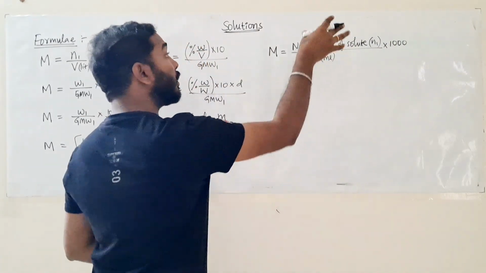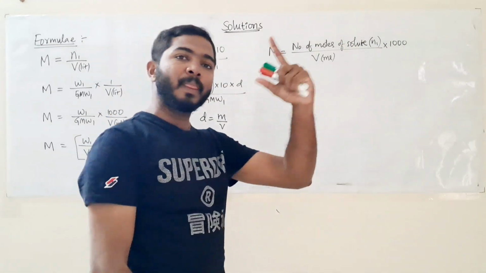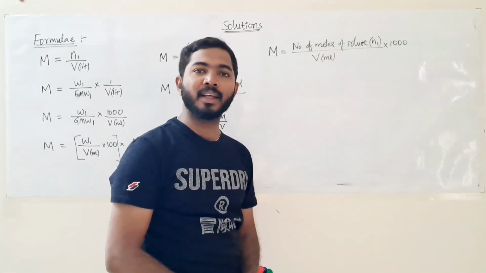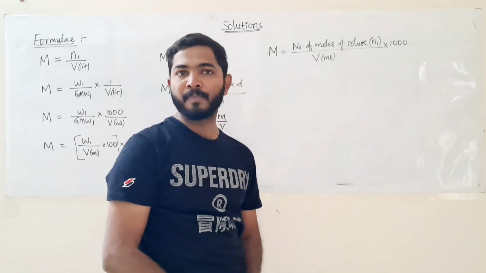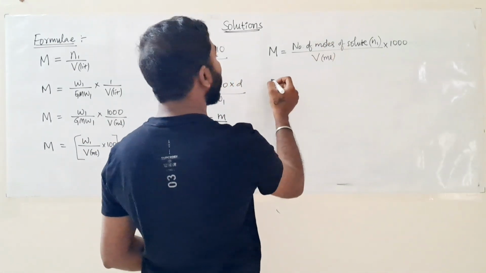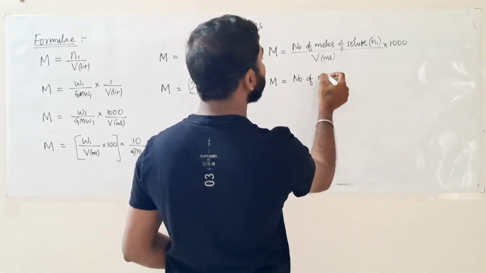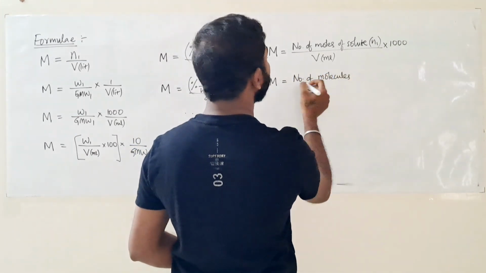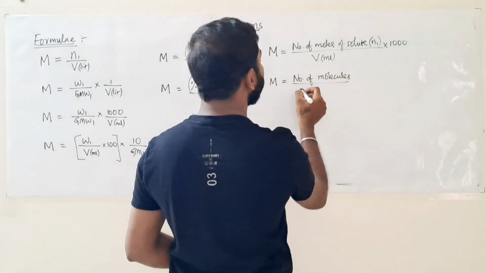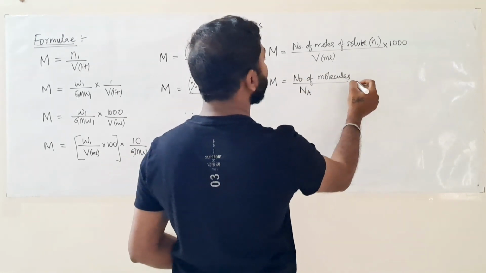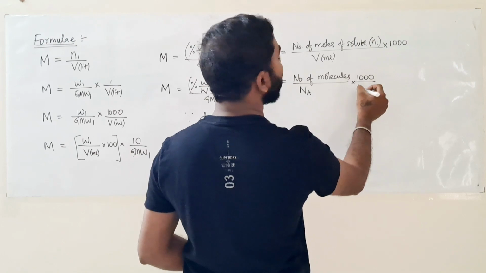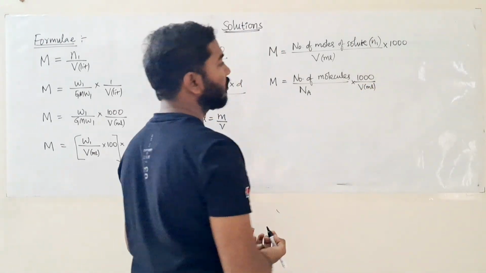And then in place of number of moles, by taking the help of the mole concept from stoichiometry, we can write a few more formulas, that is the number of molecules divided by Avogadro number into 1000 by volume in ml, very important.